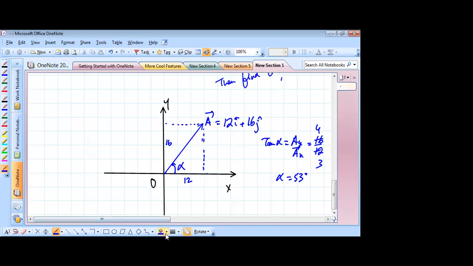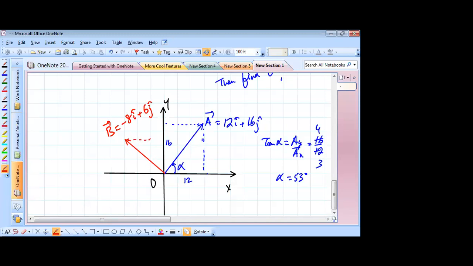Okay. But when you look at the second vector B, you realize that it looks like it's here. Because the vector B was given in component form to us as having a negative x component and a positive y component, of 8 and 6 respectively.